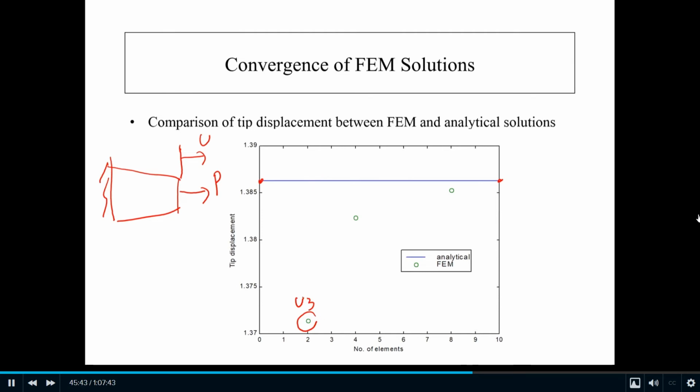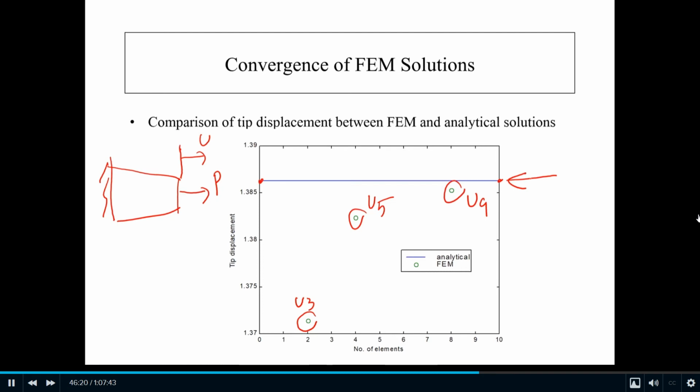It's not that far actually, but when you put all these values in this scale, it looks quite far. Anyway, if you use 4 elements, this is U5. It's getting closer. And when you use 8 elements, this is U9. It's getting closer and closer once you use more elements. So in this case, you can say that your solution converges to the analytical one.